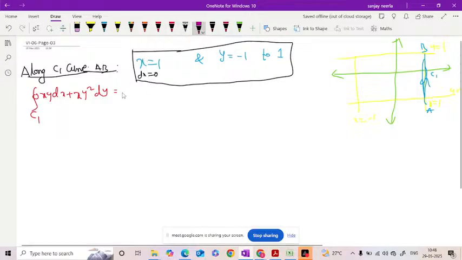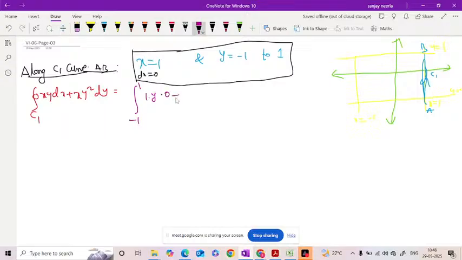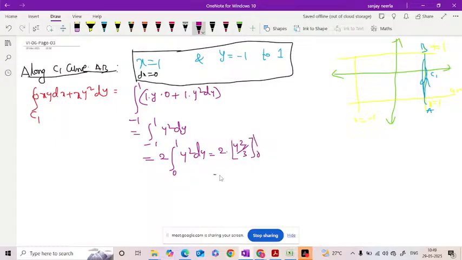After substituting, what will we get here? Integral from minus 1 to plus 1 over y, and x is equal to 1. So 1 into y times 0, plus x is equal to 1 into y square dy. That means integral from minus 1 to plus 1 of y square dy. Anyway, this is an even function, so we can have 2 into the integral from 0 to 1 of y square dy. That means 2 into the integration of y square, which is y cube by 3, with limits from 0 to 1. So our result is 2 by 3, the first result.